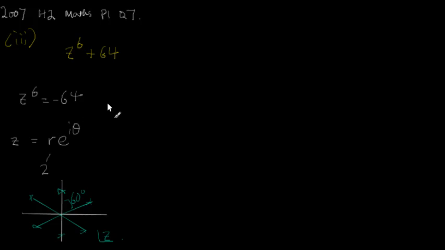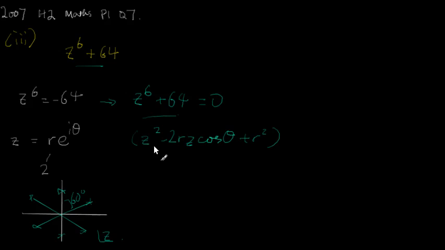If I rearrange this, z to the power of 6 plus 64 equals 0. So this is the same as that. As we know from part 1, each root has a complex conjugate. And from part 1, we also found an expression for the factor, which has this form: z squared minus 2rz cosine theta plus r squared. So this is exactly what we need to use for this question.